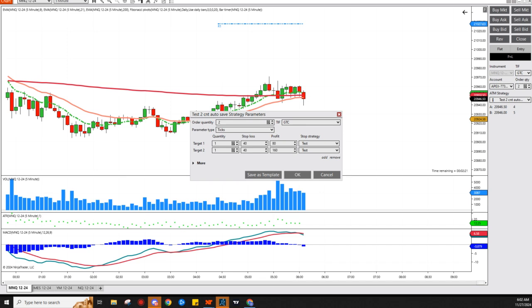Okay, let's see. How do I want to do this? So the trading strategy that I'm going to go for is going to be 2 contracts every single time. Doesn't matter if it's MNQ, NQ, ES, meaning the micro Nasdaqs, the normal Nasdaqs, or the S&P 500 or the ES mini futures.